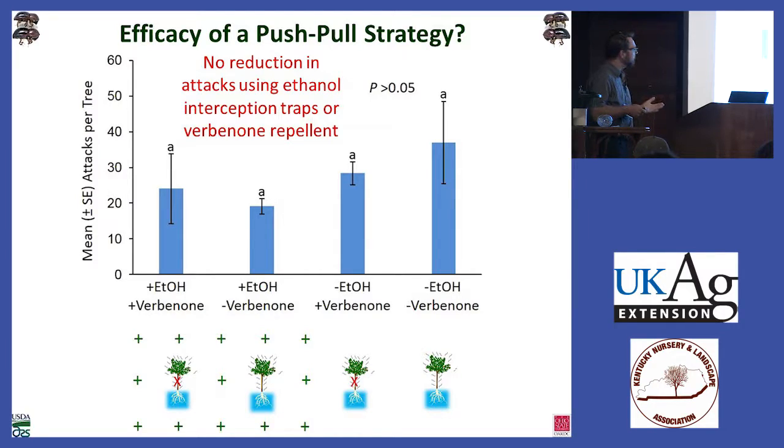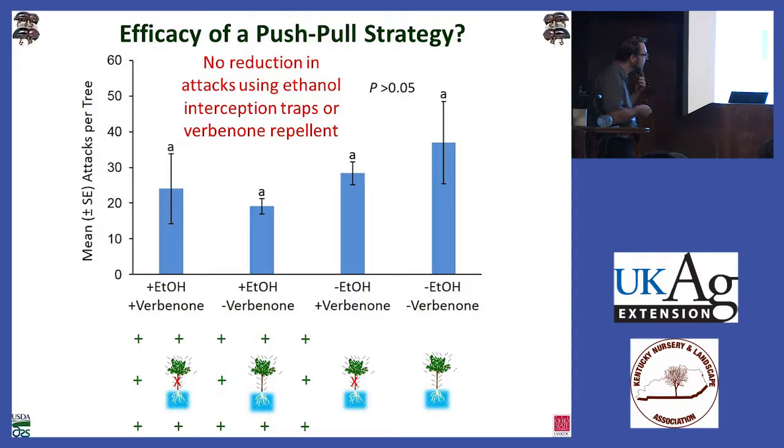So we did an experiment in Ohio, Virginia, and Mississippi last year. And so basically we had flooded trees that either had verbenone, which is a type of anti-aggregation repellent, either had the repellent or not, and then either had a perimeter of an ethanol lure or not.